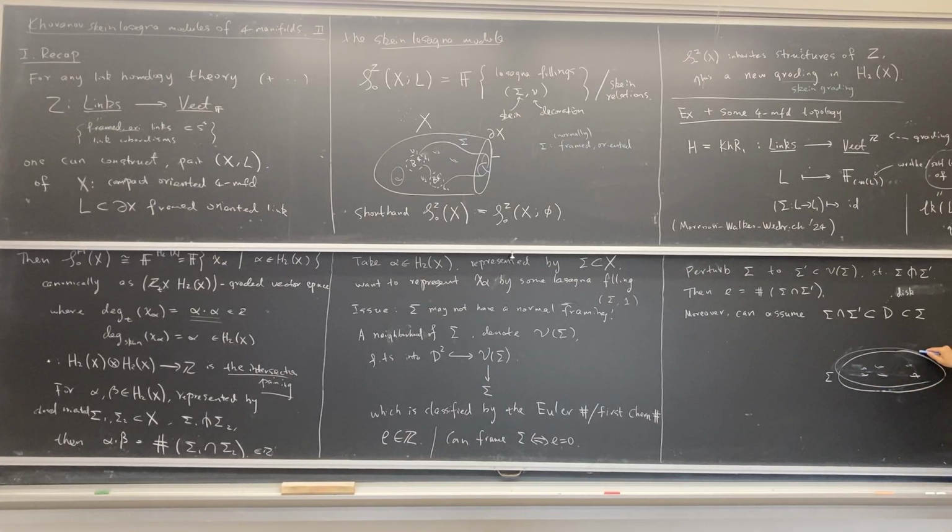But in a small region right here, let me try if I can draw this picture, you see some geometric intersections. Here, maybe you see 3 intersection points in a local disk. This blue is my sigma prime.